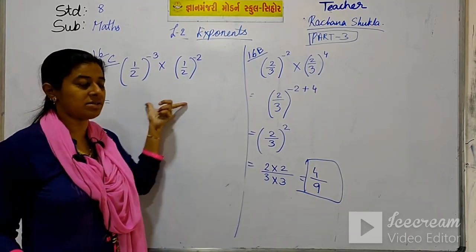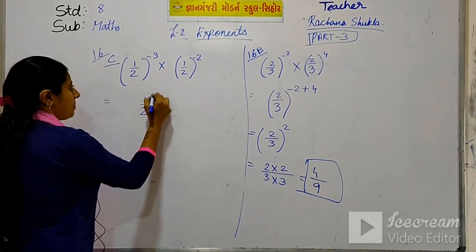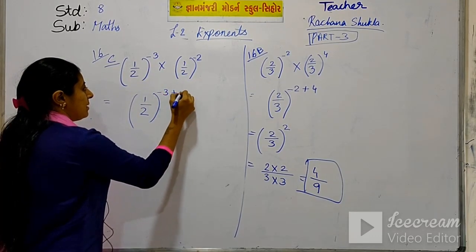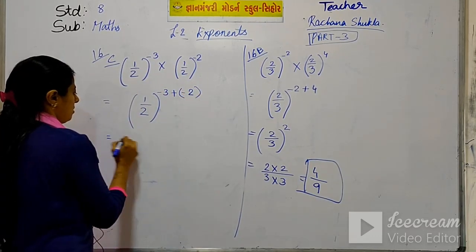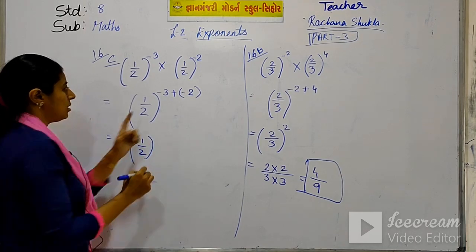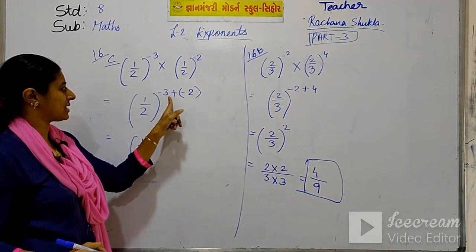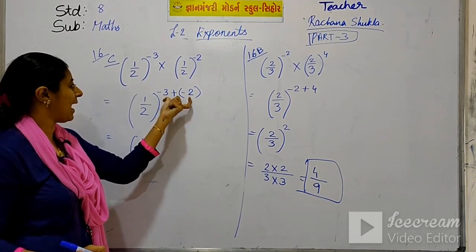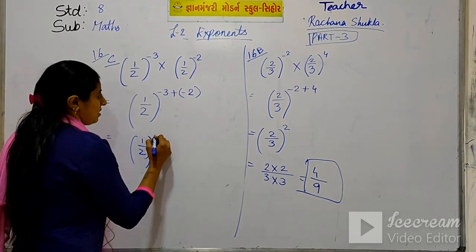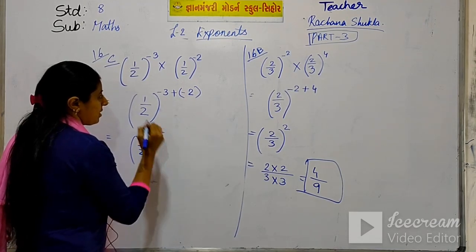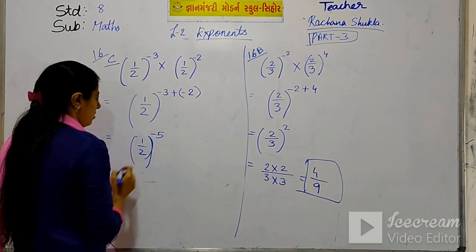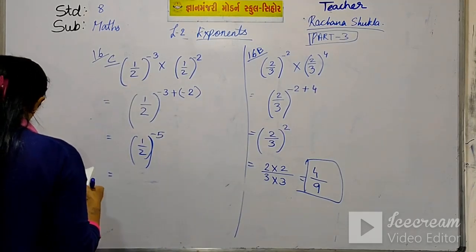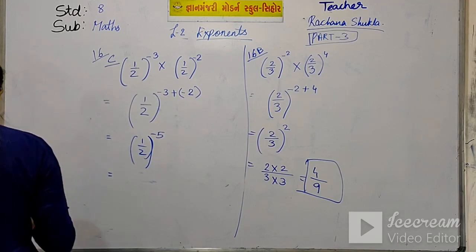We have the same bases. So 1 upon 2 stays the same and the powers will be added. Now minus and minus will be added, so the answer will be minus 5. What will be your answer? 1 upon 2 raised to minus 5.